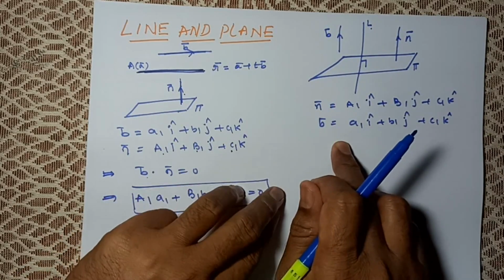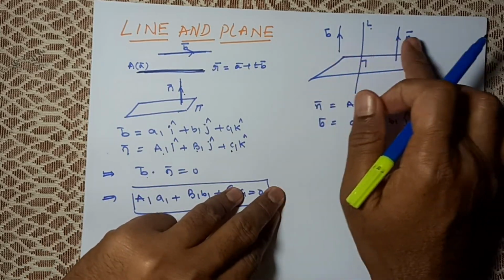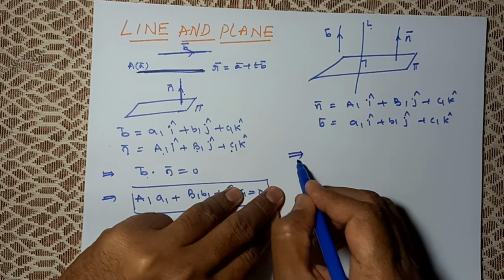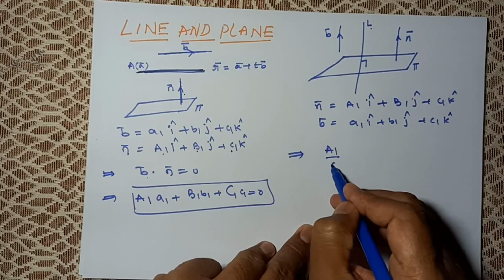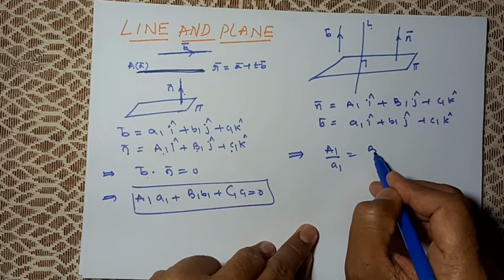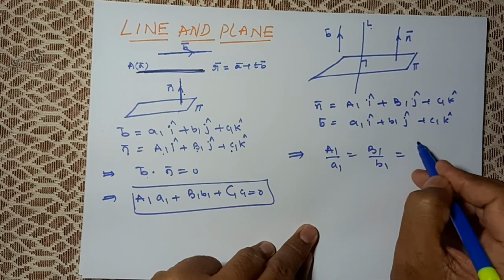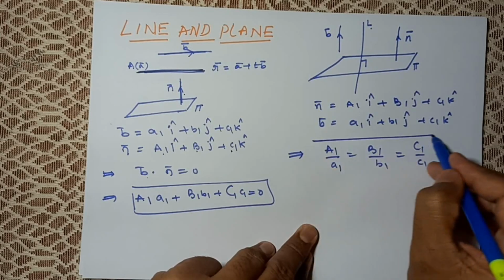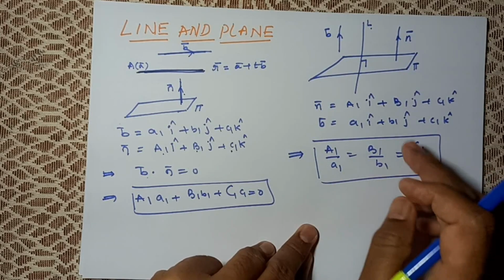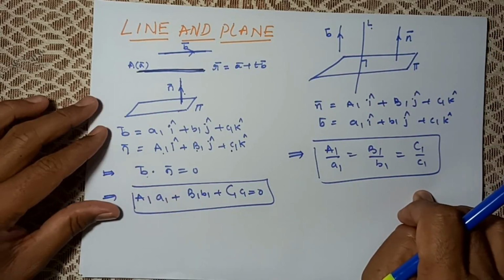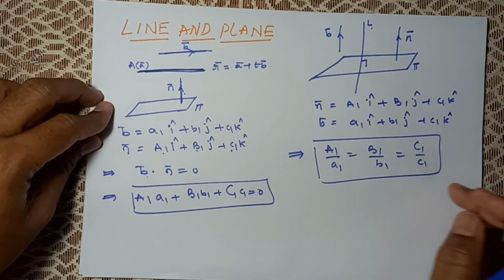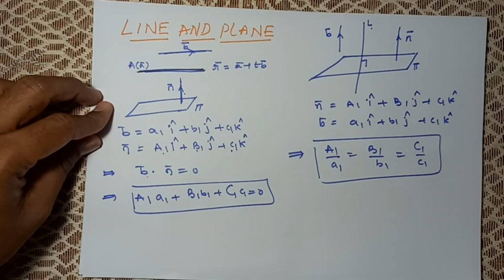Then when these two are parallel, we have to compare the i, j, k coefficients, that is capital A1 by small a1 is equal to capital B1 by small b1 is equal to capital C1 by small c1. So this is the condition when this plane and line are perpendicular. This is the relation between the line and plane.